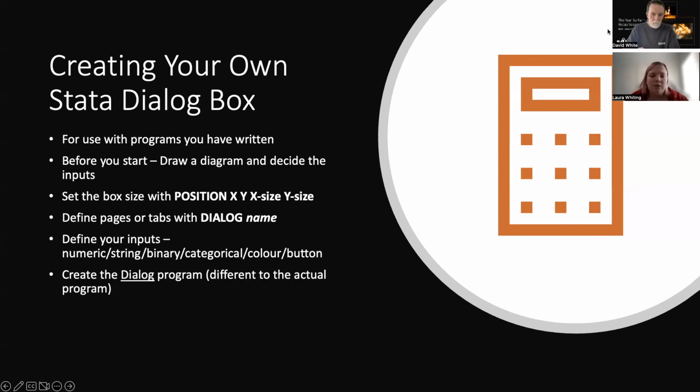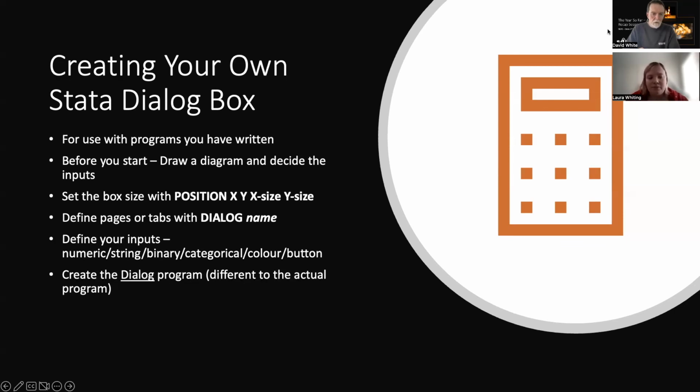It's really useful if you're trying to share a command that you've written with people who maybe don't use Stata commands at all. Maybe they do everything, or most things, through the menus. It also makes a complex command really easy to learn: giving someone a dialog box, so all they have to do is pick a few options.